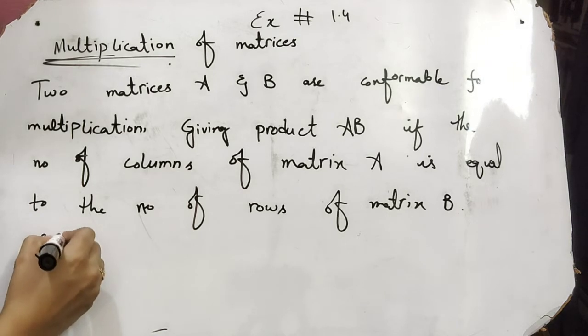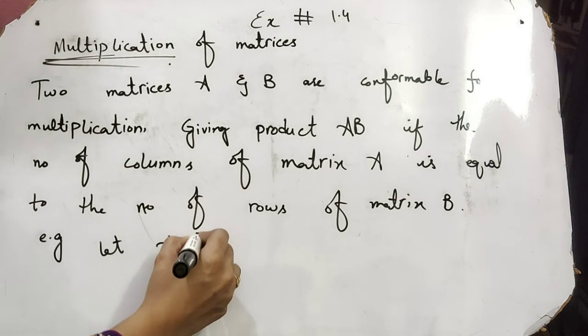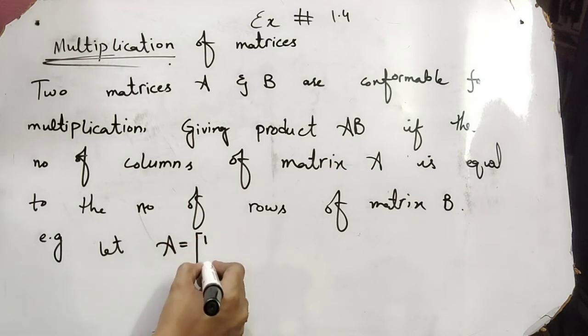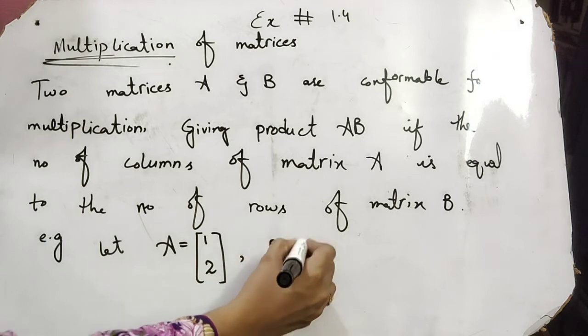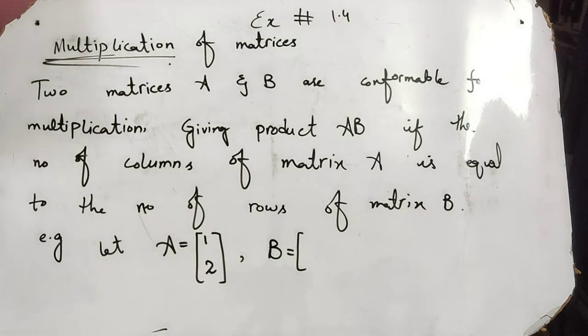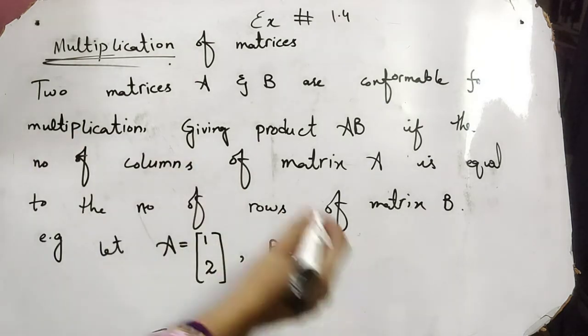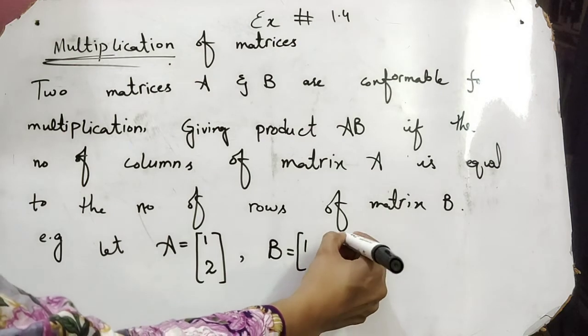For example, let A is equal to 1, 2 and B is equal to 1, 2.